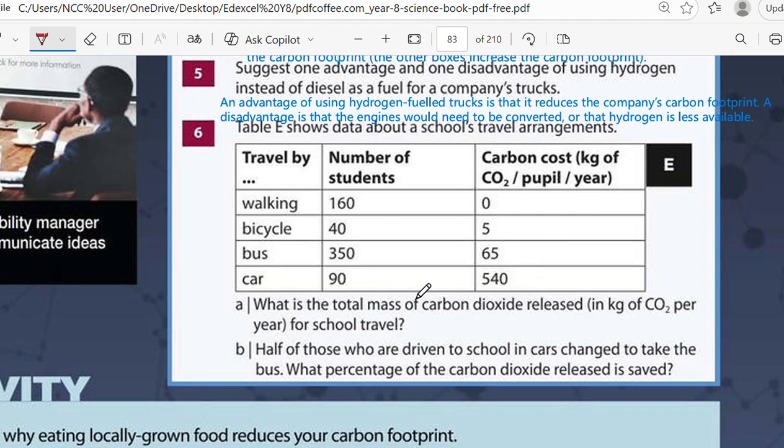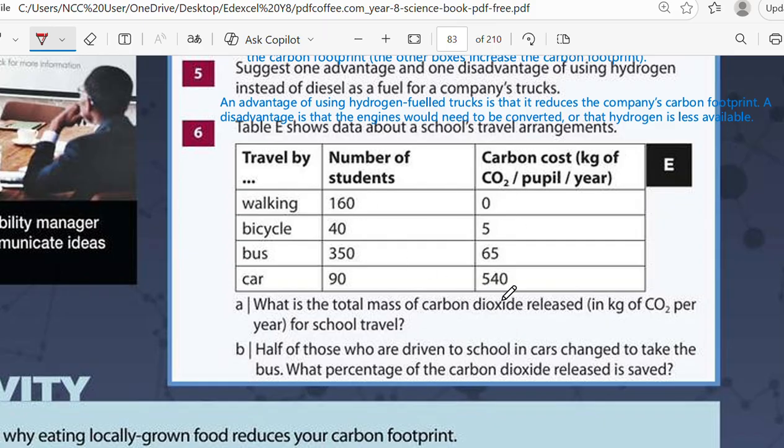What is the total mass of carbon dioxide released in kilograms of carbon dioxide per year for school travel? Total mass of carbon dioxide released for school travel. Can you? 620 kilograms.